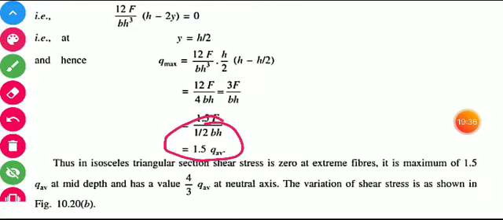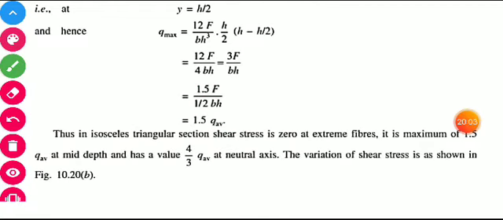So for this triangular section you found two things. First, the maximum value of the shear stress will be equal to 1.5 times the tau average, and at the CG, that means at 2h by 3, the value of shear stress will be equal to 4 by 3 times tau average at the neutral axis.